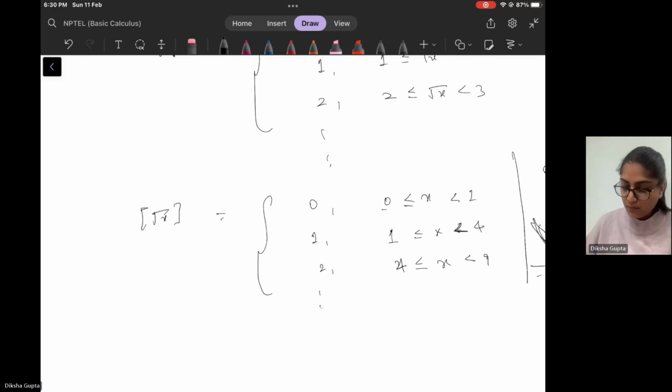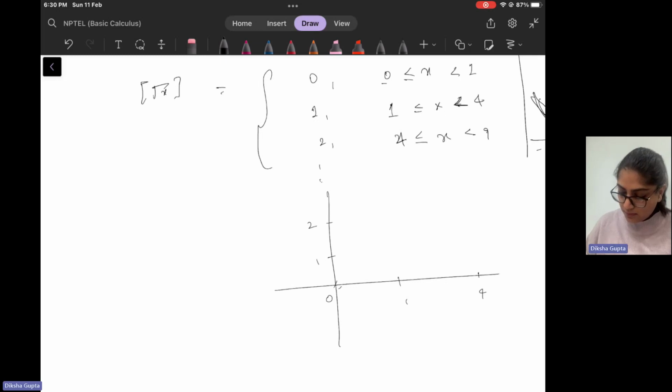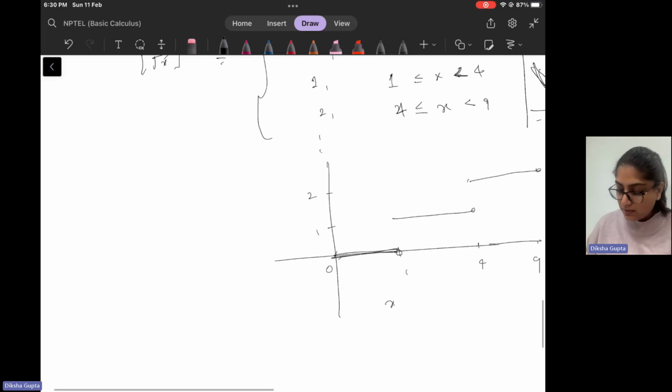So from 0 to 1, this is 0, then 1 to 4, this is 1, then 4 to 9, it is 2. Please ignore the scaling here. So as x tends to infinity, you can clearly see that the greatest integer is also tending to infinity.